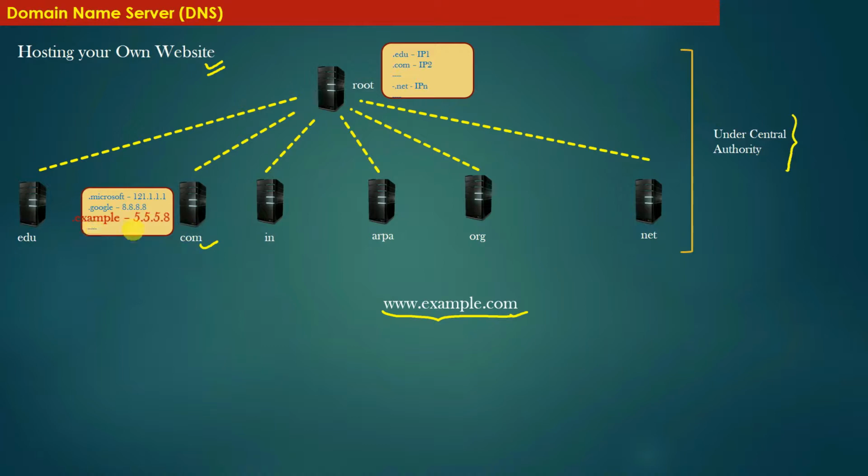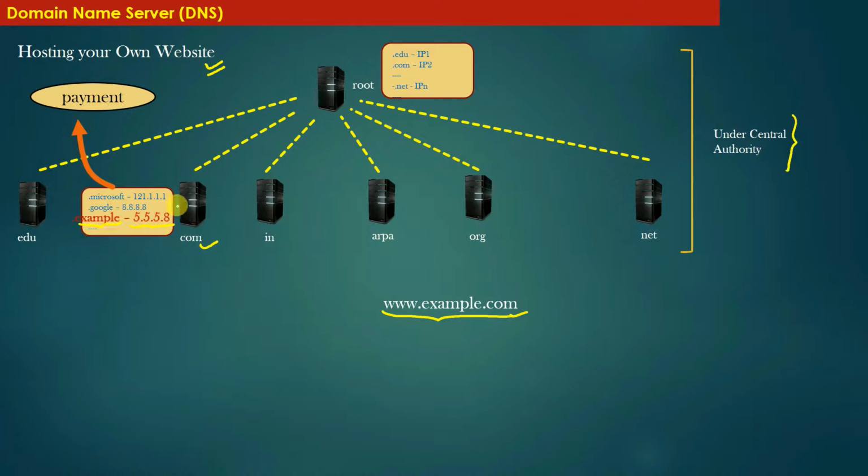That entry will be the name of your web server and the IP address that is assigned to your web server. For this entry to be made in the DNS database of the .com top level domain name server, of course you have to make a payment to this central authority. They are not going to do this for free.